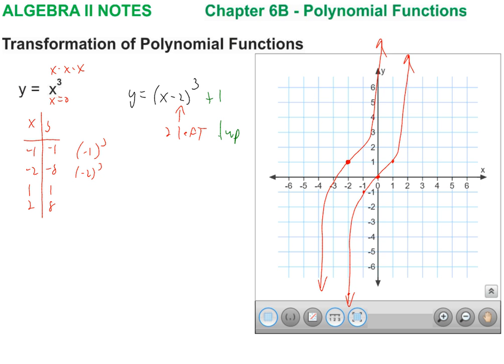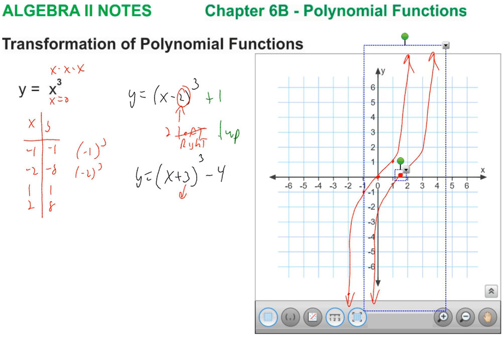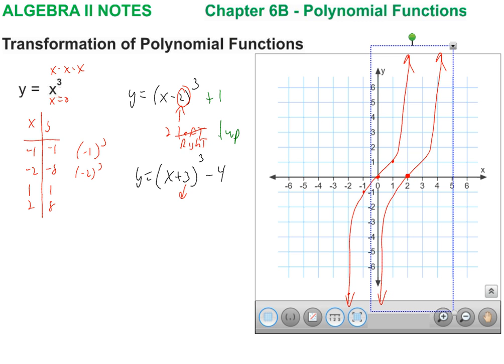Again, what if I had this function y equals x plus 3 quantity cubed minus 4? Oh, man, I'm going too fast. My bad. This is 2 to the right. Oh, no, I'm confusing you guys. I'm sorry, going too fast. This is 2 to the right and 1 up.